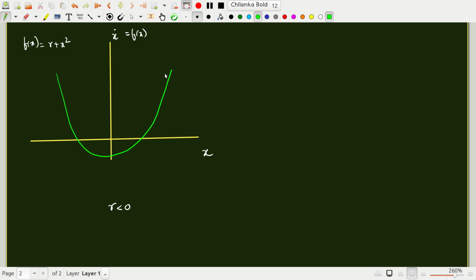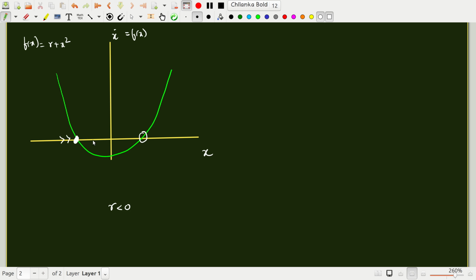Now there are 2 fixed points. There are 2 zero crossings of f, so there are 2 fixed points. We can categorize them as stable or unstable based on our geometric criterion. This is stable and this is unstable, because if I take any initial condition here, x is increasing with time, so the flow is in this direction.